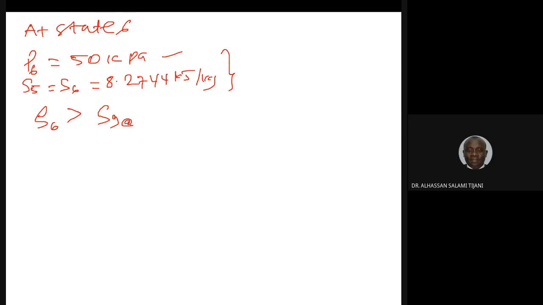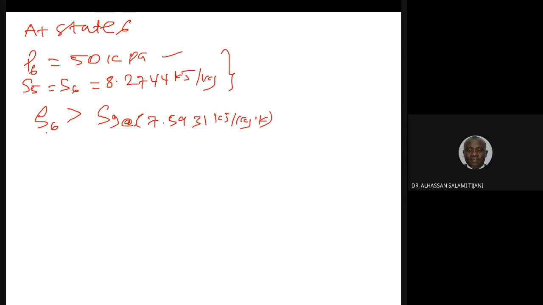Sg at 50 kilopascal gives me 7.5931 kilojoules per kilogram per Kelvin.